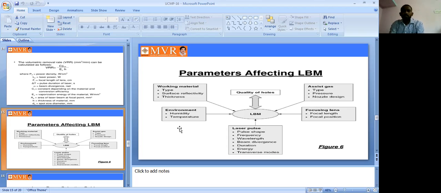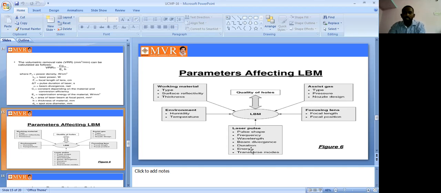Next one is laser pulse. Laser pulse is also very important. Here, pulse shapes. In the laser beam machining process, first of all the pulse will be produced. After that, frequency, which is also very important: how much frequency it will be producing. Wavelength is also very important. Next one is beam divergence, also very important.